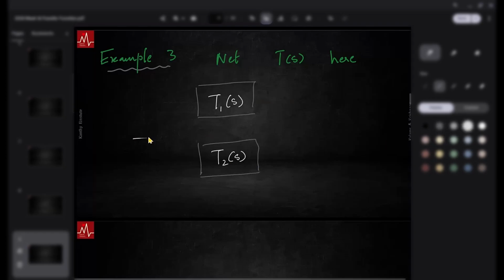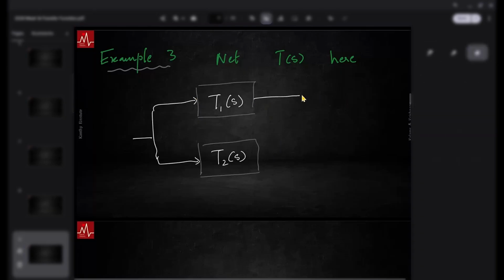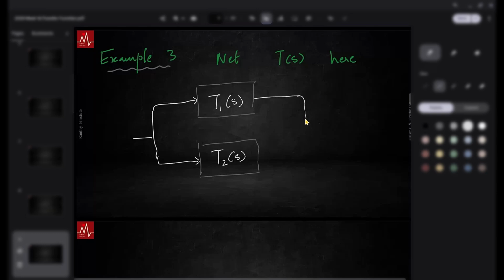The input goes in parallel here, and parallel there, comes out, and then this is combined here. So this is added, and this comes in here and is added.